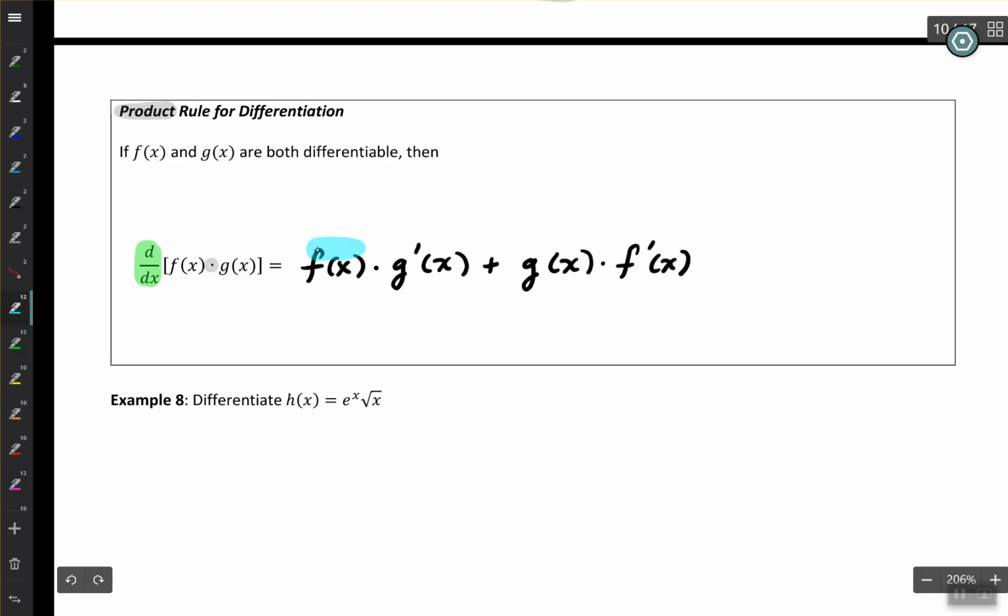It is your first function, f, times the derivative of second, I'm just going to do a d second for shorthand, first times the derivative of second plus your second function times the derivative of first.